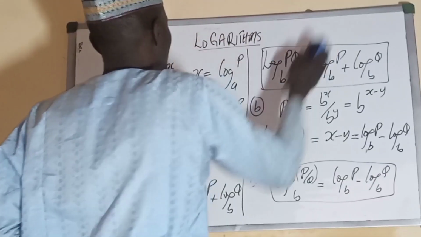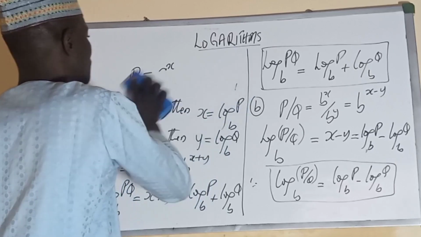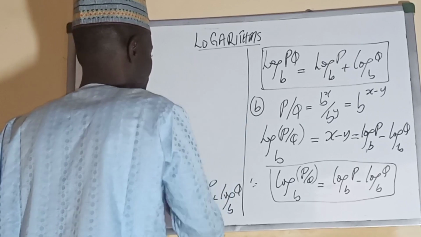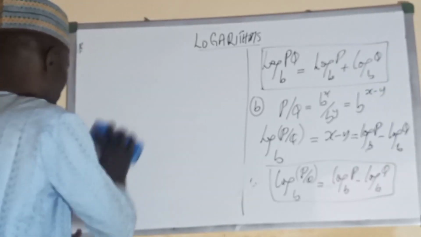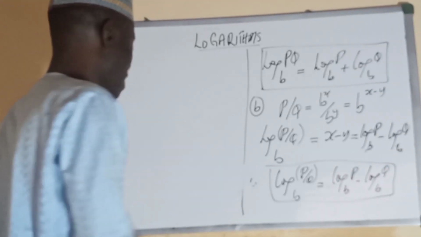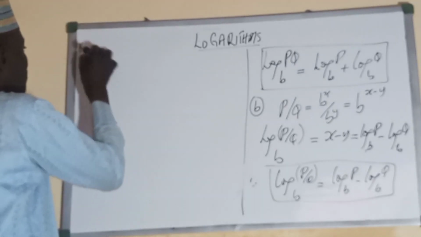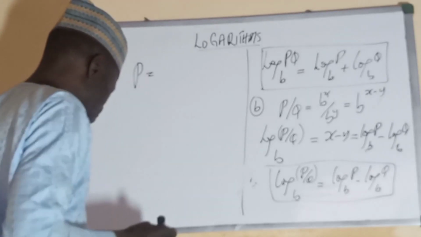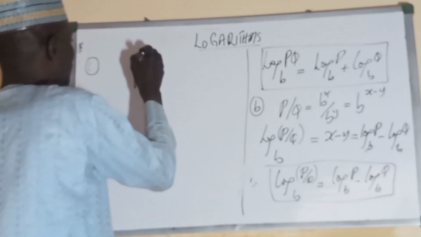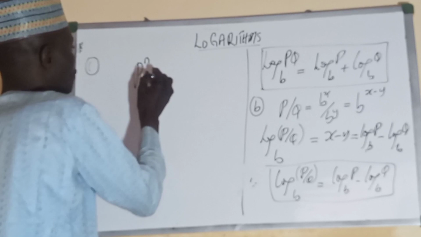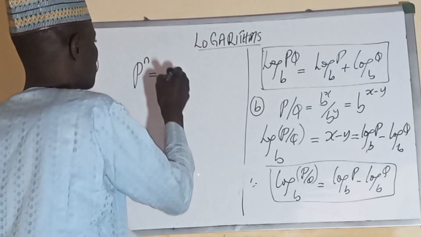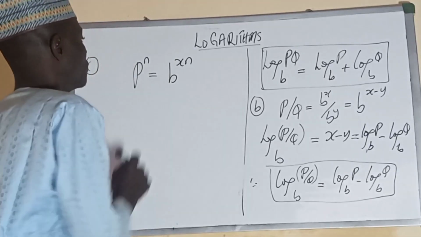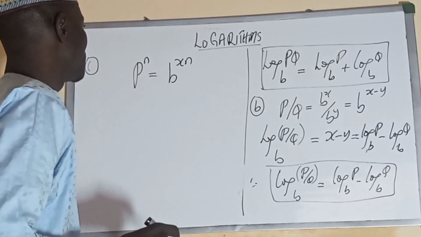Let us have the next law. The next one is law number c. If you have p power n to be equal to b raised to the power of xn, or nx, you can take the logarithm.